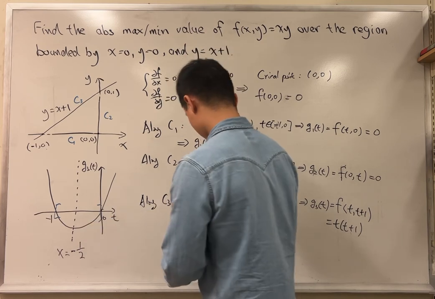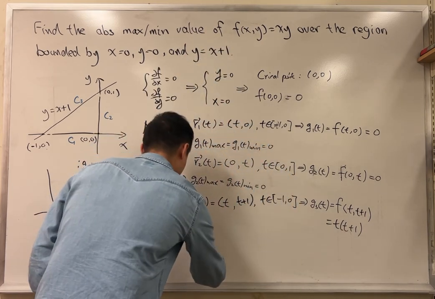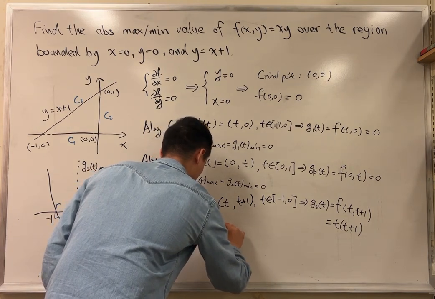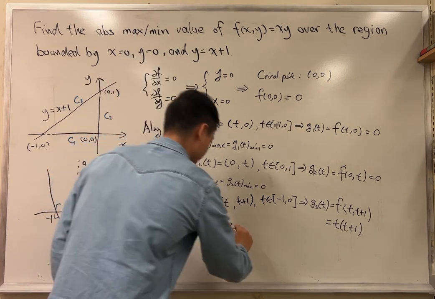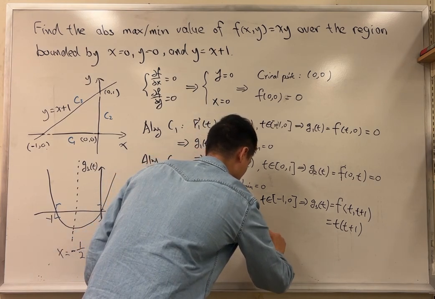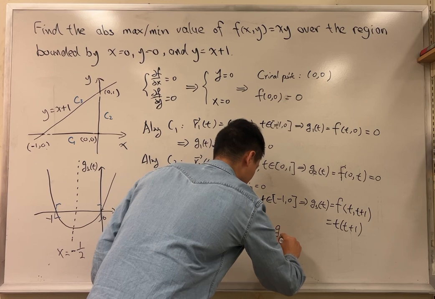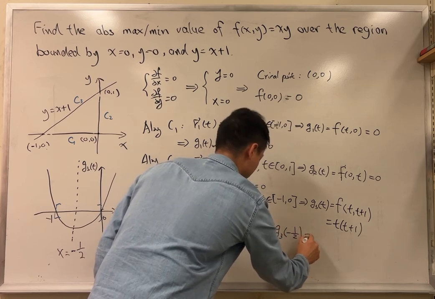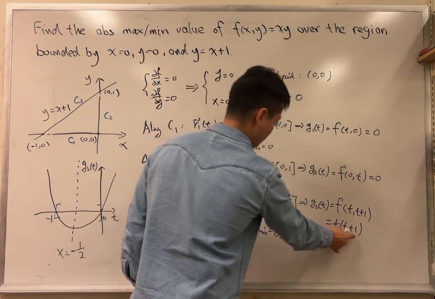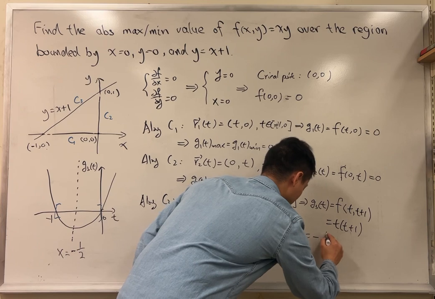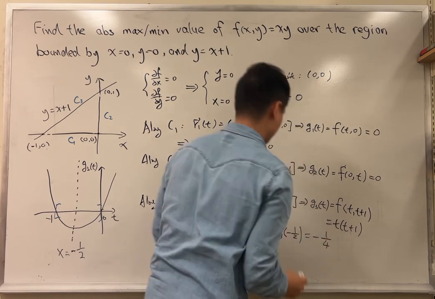So g3 max is equal to 0 according to the picture, and g3 min is attained at t equal to -1/2. Plugging -1/2 into this expression gives us -1/4 as the mean value.